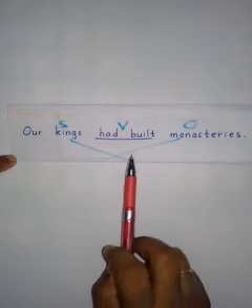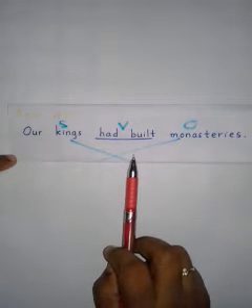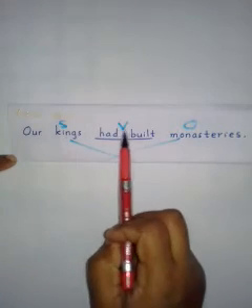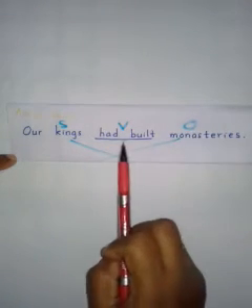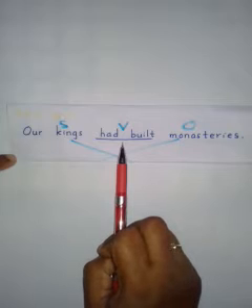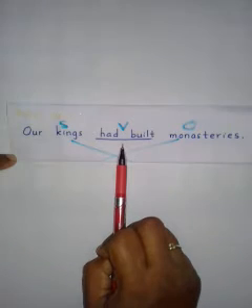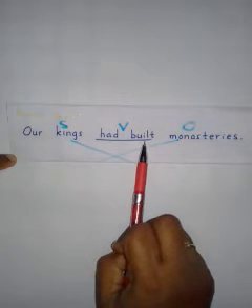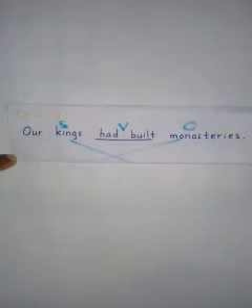Now look at this sentence as well. There also, as the first step, we must identify the subject, verb and the object. And by looking at this verb, we must identify the tense. Had plus past participle represents the past perfect tense.